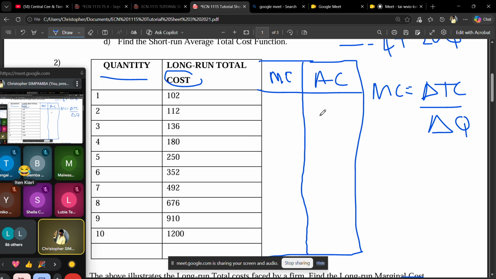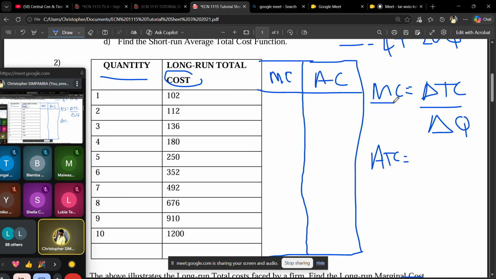Okay, so now we're basically going to try to find average cost. Average total cost is found by dividing total cost by quantity.